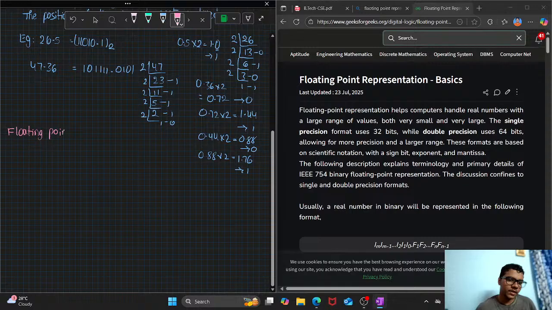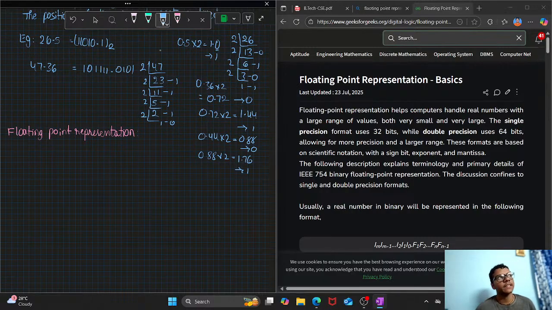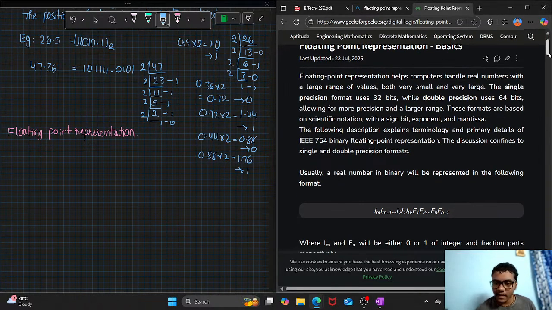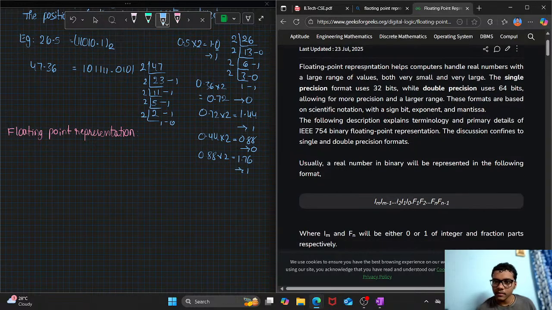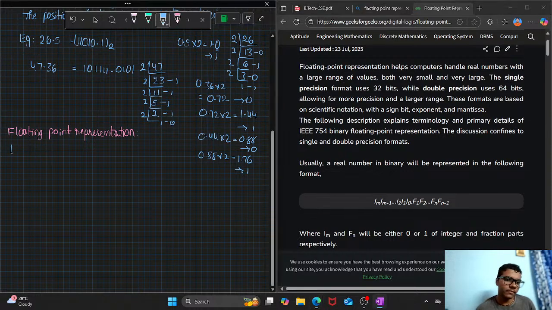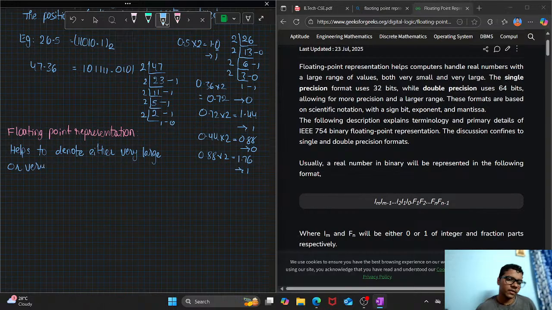We'll just look at the formula and its significance and the IEEE 754, the Institute of Electrical and Electronics Engineers standard. They have devised a standard way of doing this. It helps computers handle real numbers with a large range of values, helps to denote either very large or very small values.